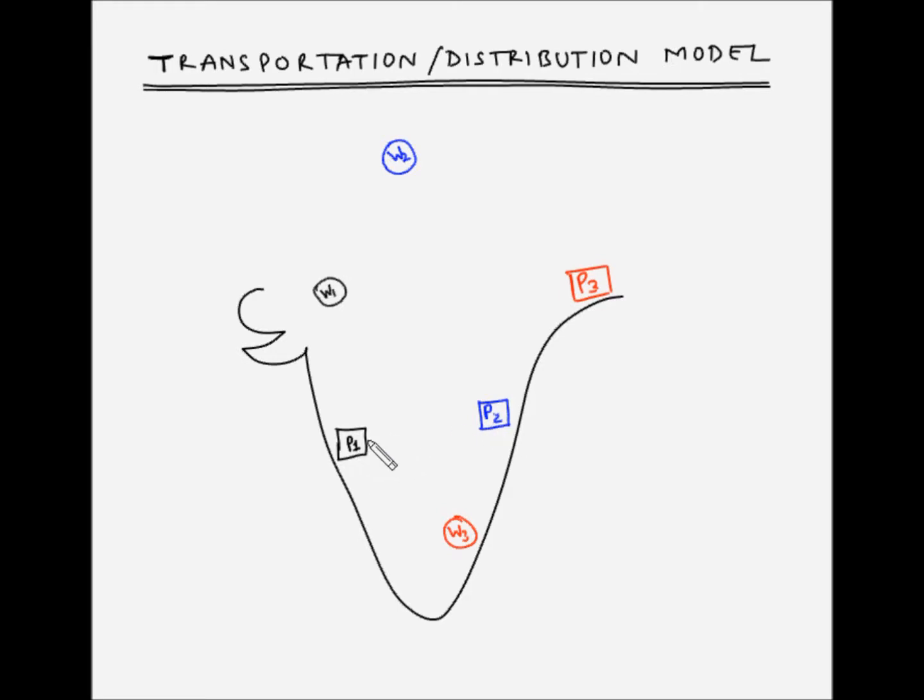Now each of these plants, P1, P2 and P3, have certain capacity to manufacture the fans, and based on this capacity, the individual plants have the capability to supply to these warehouses.